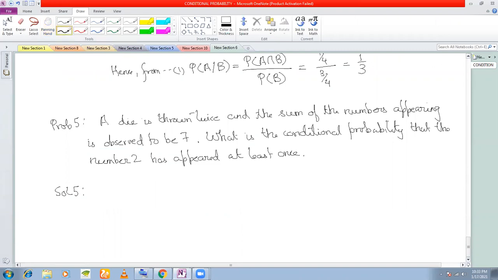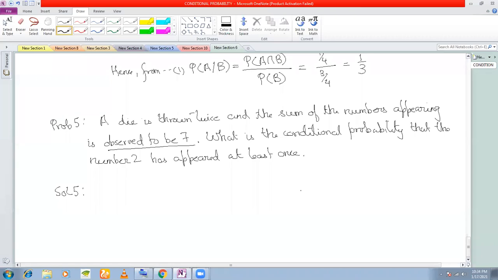Understood? If you read the question, it says that a die is thrown twice. So 2 dice are thrown, and the sum of the numbers appearing is observed to be 7. So what is the given event? The sum of the numbers appearing is observed to be 7. This is already given to you that the sum has come to be 7.